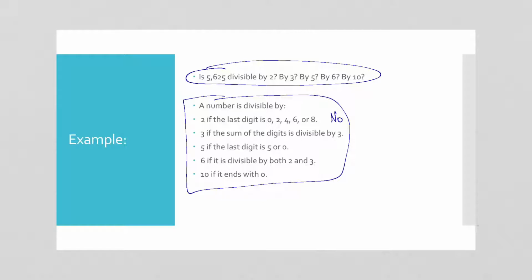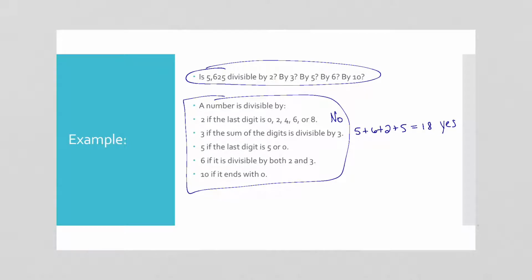Now, I want to know if it's divisible by 3, so I have to add up the digits. 5 plus 6 plus 2 plus 5. 5 plus 6 is 11. 11 plus 2 is 13. 13 plus 5 is 18. So I would say yes, because 18 is a multiple of 3. And it's divisible by 3.